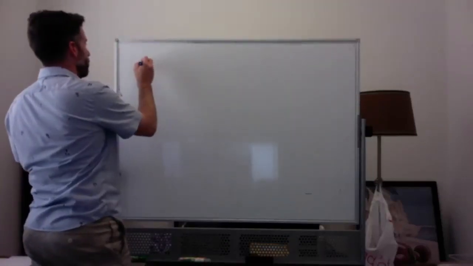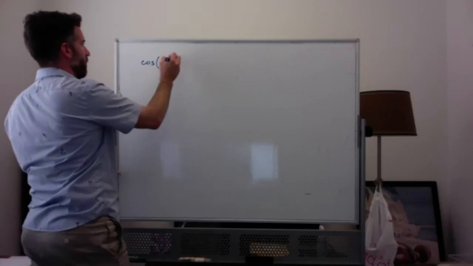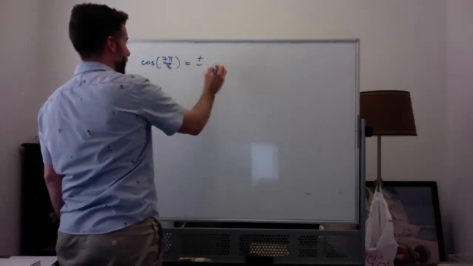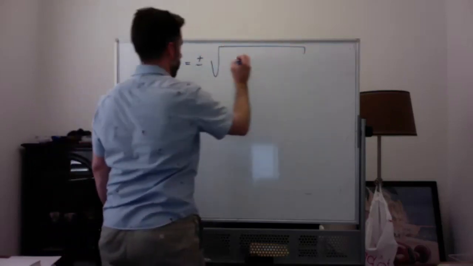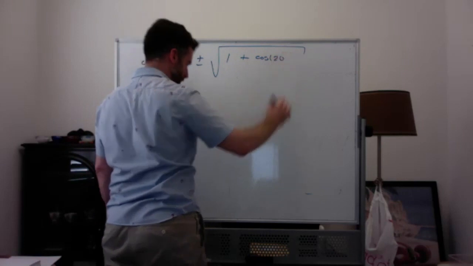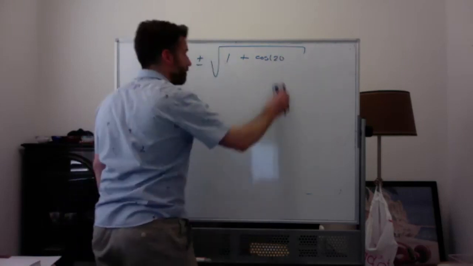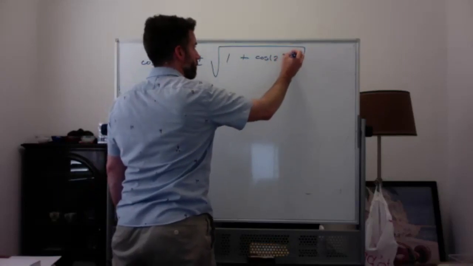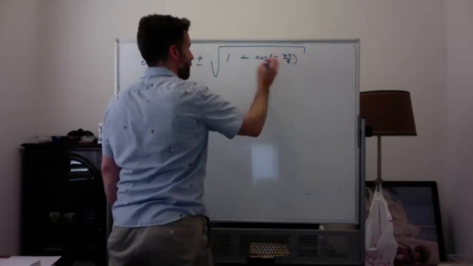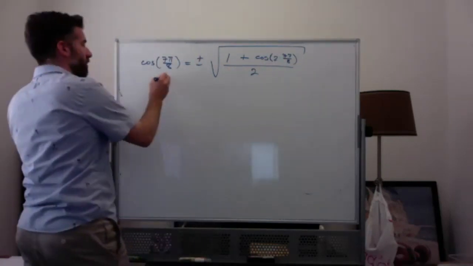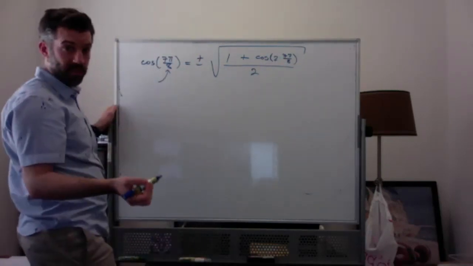So cosine of 7 pi over 8 is going to be, again, plus or minus the square root of 1 plus cosine of 2 times the angle 7 pi over 8, all over 2. Here, 7 pi over 8 is just a little bit less than pi.